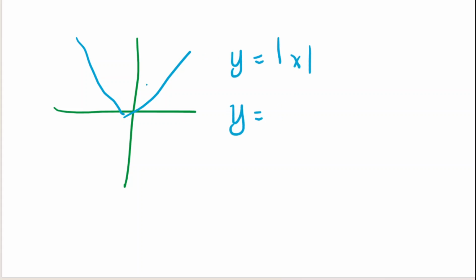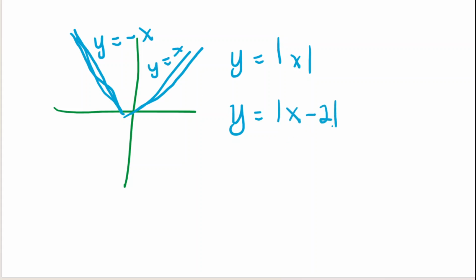What I have here is one function rule, which is the straight line y equals -x, and the other function rule is the straight line y equals x. In both of the questions we just looked at, all I've done is transform it by moving it left or right. So I would still have this left side meeting the right side at what you might call the vertex of the absolute value function.